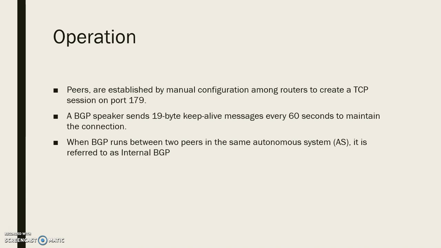When BGP runs between two peers in the same autonomous system, AS, it is referred to as internal BGP, or iBGP for short. Sounds kind of like an Apple product. Anyways, when it runs between different autonomous systems, it is called external BGP, or eBGP.